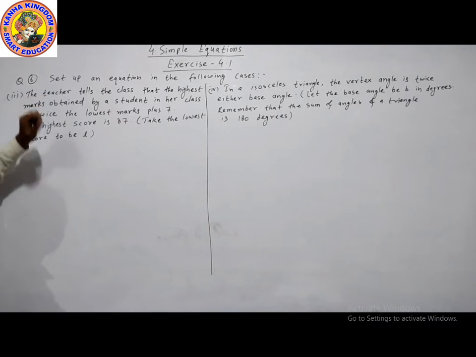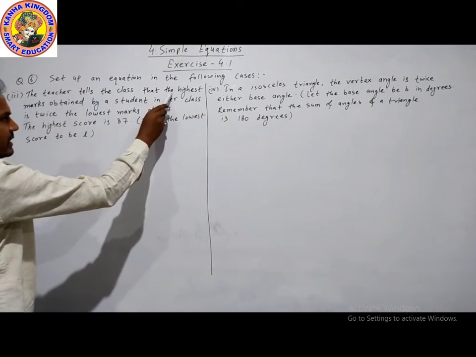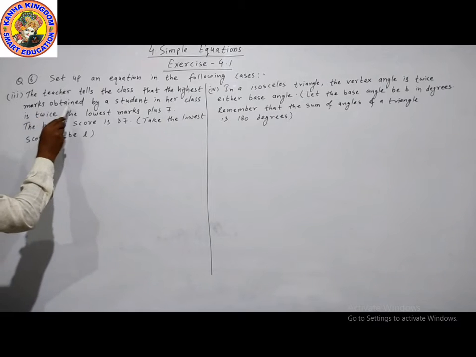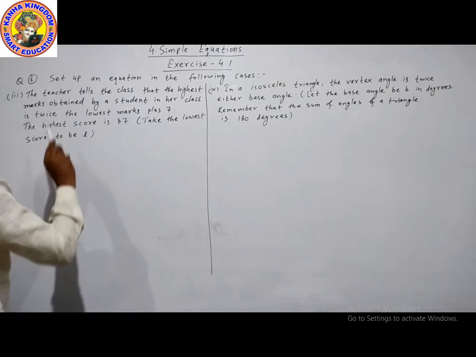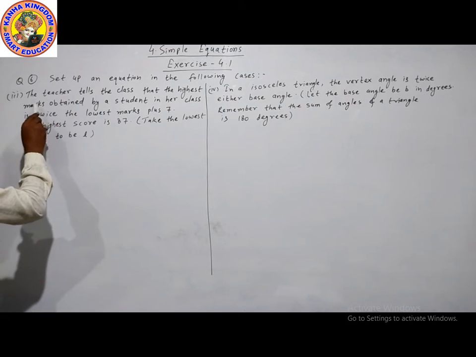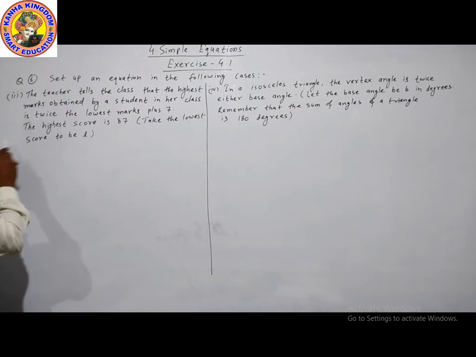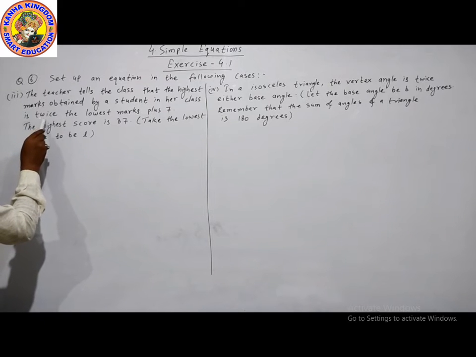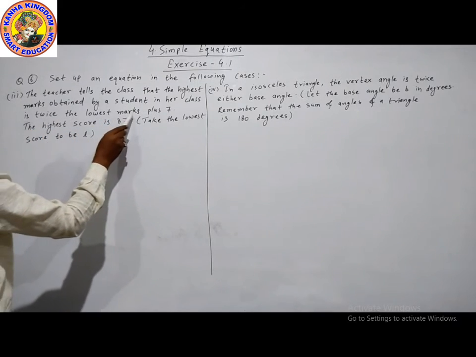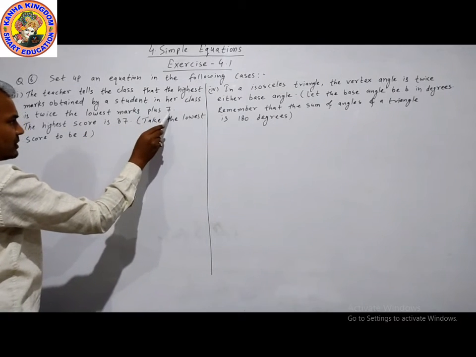The teacher tells the class that the highest marks obtained by a student in her class is twice the lowest marks plus 7.